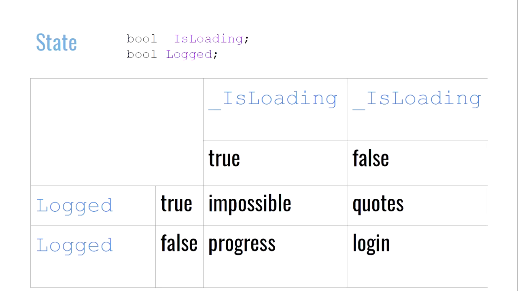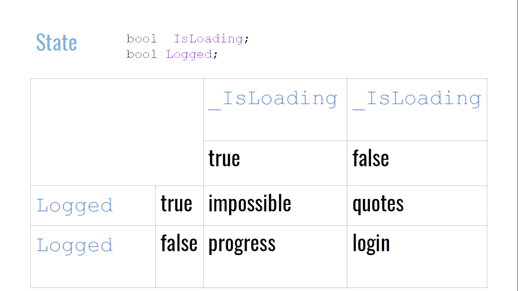IsLoading tells me that I am doing some background work, maybe talking to the server for authentication or to Firebase for querying the quotes. IsLoggedIn is used to tell me if the user is authenticated or not. Like you can see in this table, we have some true and false values. Each combination gives me the right widget to draw on the screen.